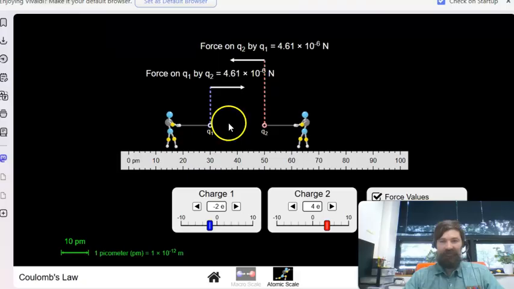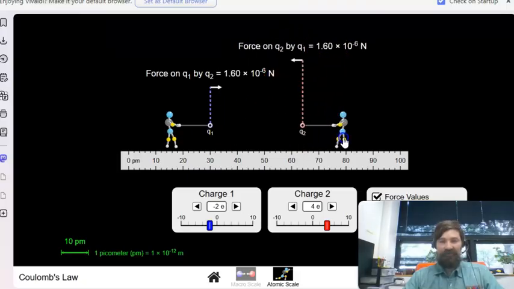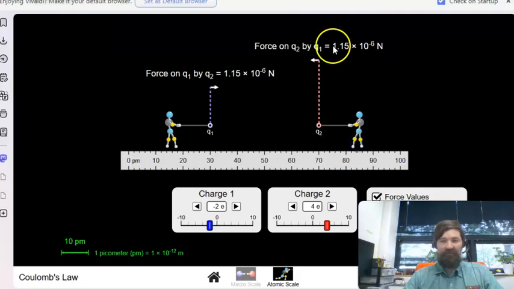So I've halved my distance. And looking at these numbers, 4.61 is pretty close to 4 times 1.15. In fact, if there's another digit after this 5, I could see that being round off error. So halving the distance means quadrupling the force.